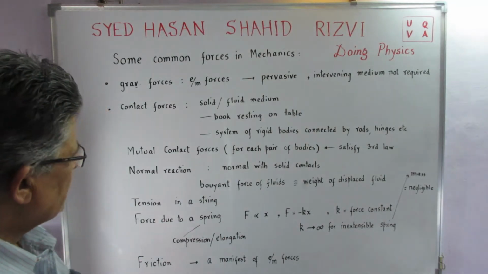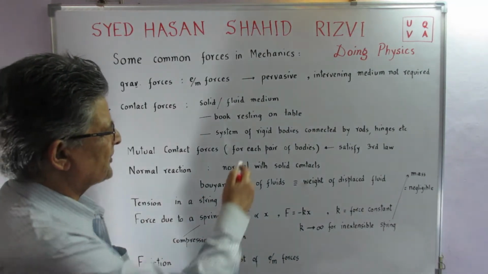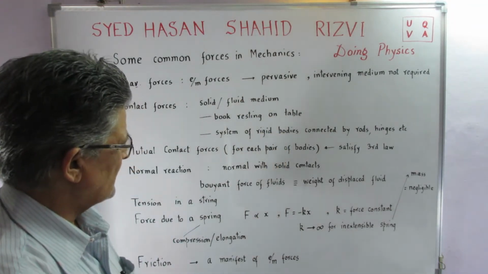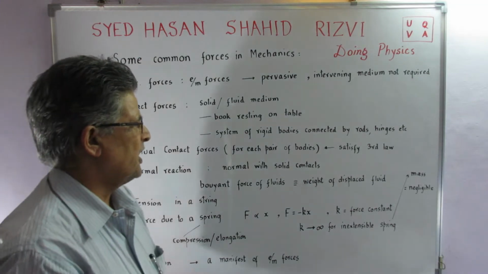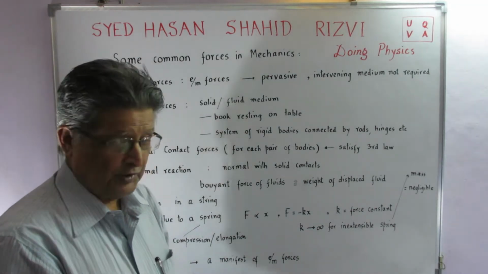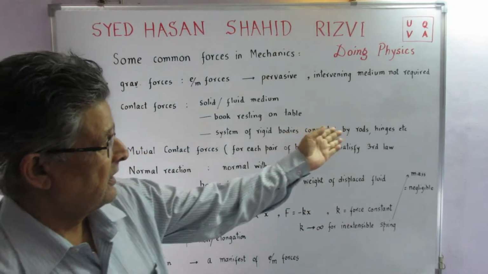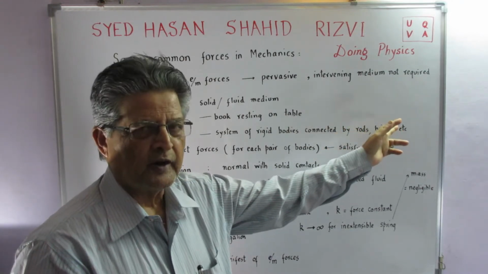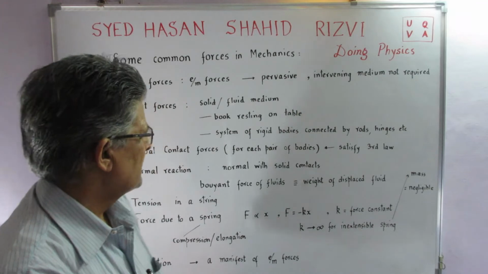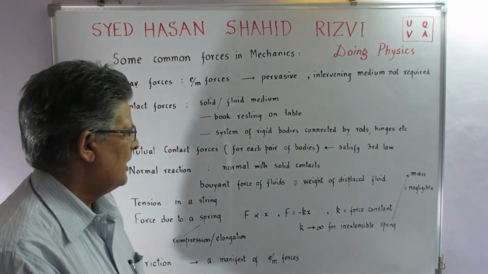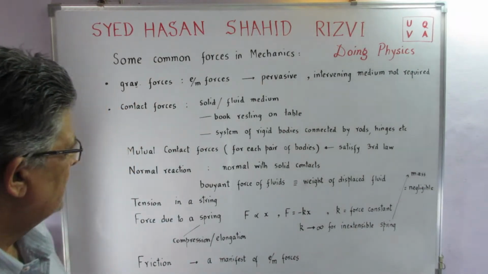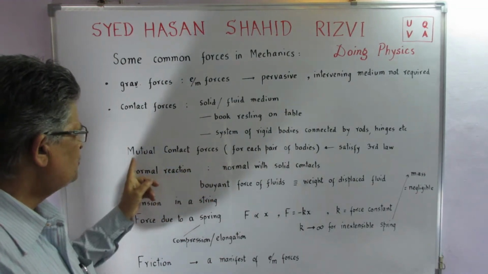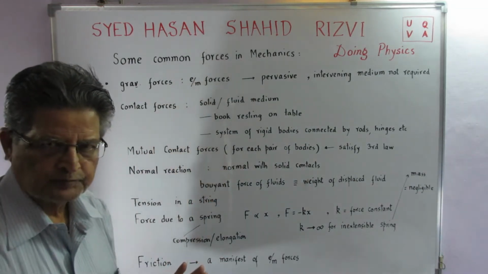So, another example is a system of rigid bodies, bodies which are not changing their shape or size, etc. These bodies are connected by thin rods, hinges, etc. Now, while dealing with that, what we go for is mutual contact forces.